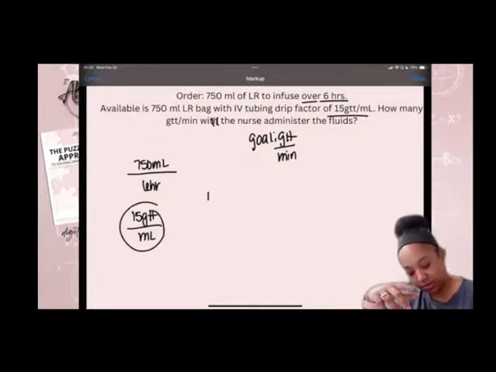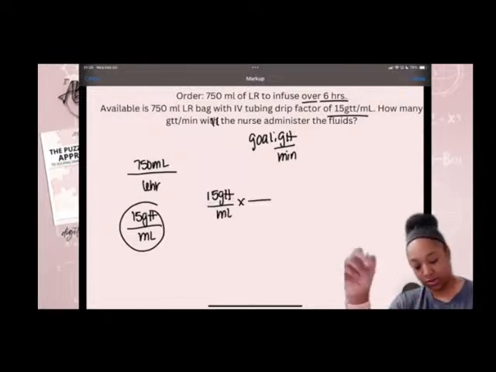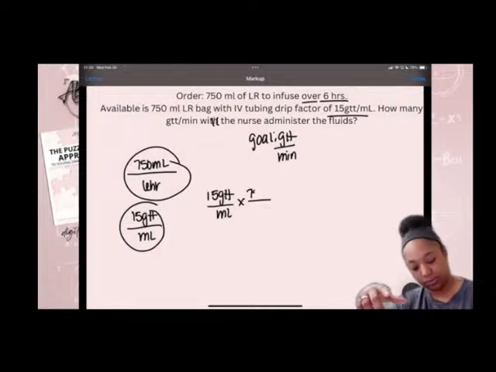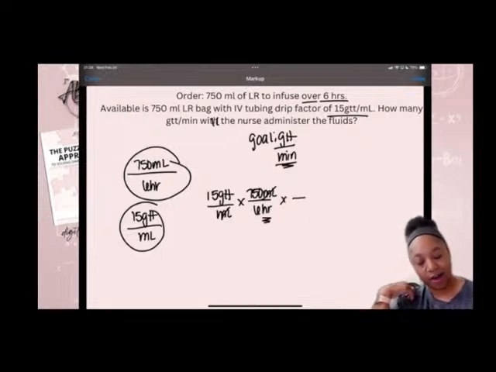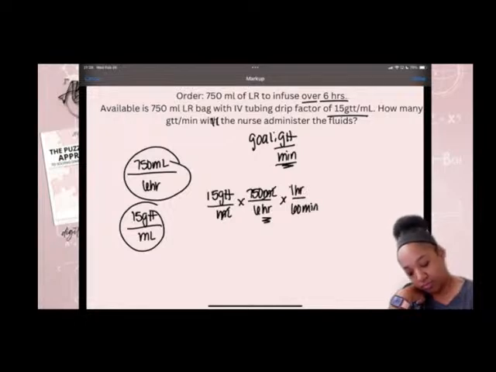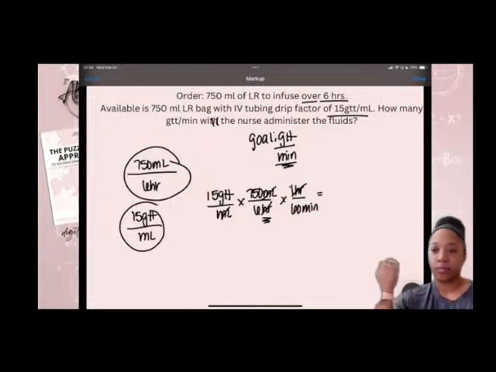So that's this one. Got to get rid of milliliters. So that's this one. Got to get minutes at the bottom. I have hours. So that's your conversion. That's it.